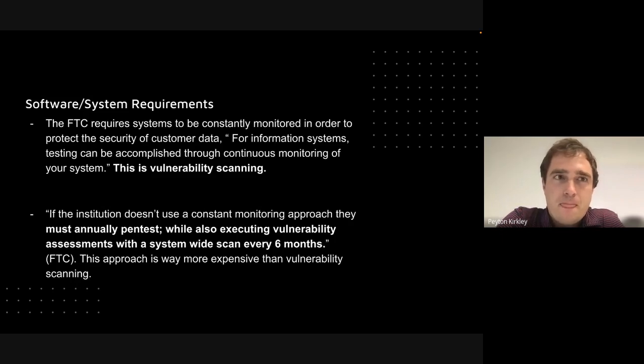So being able to go the route of continuous scanning through our partnership with FormPiper will definitely decrease some costs there. But what we do recommend is that the vulnerability scanning is going to constantly monitor your network.